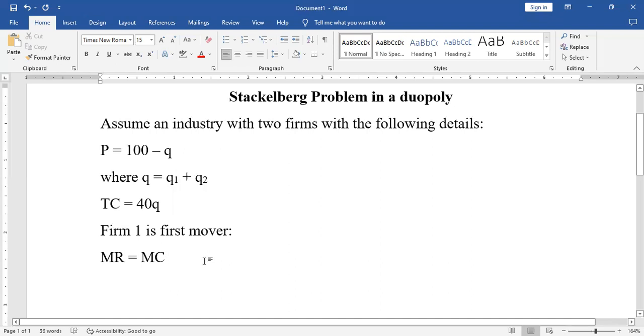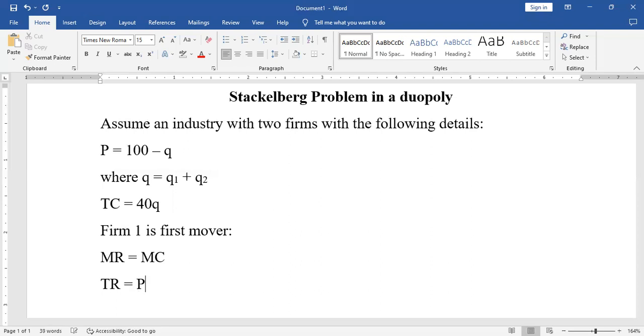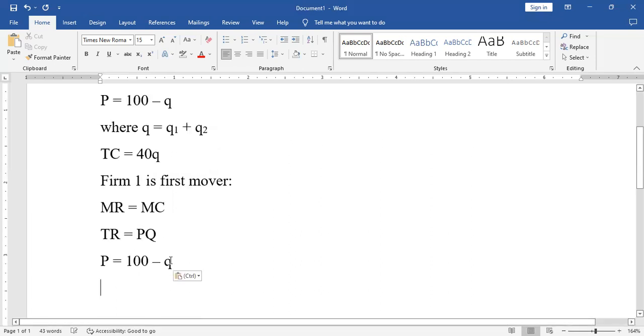For us to get the marginal revenue, we first need to calculate the total revenue for the firm. Total revenue is given by multiplying price by quantity. We have the price there, but in this case we want to define Q, because this Q is Q1 plus Q2.